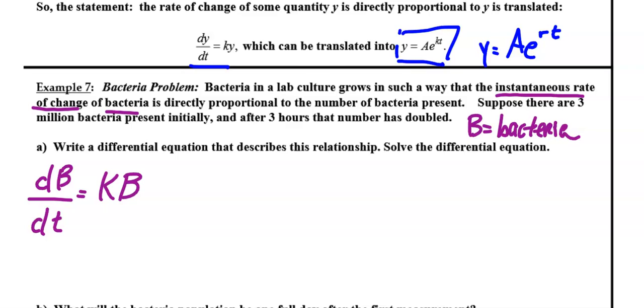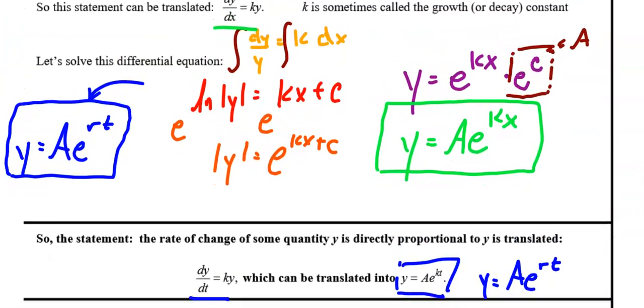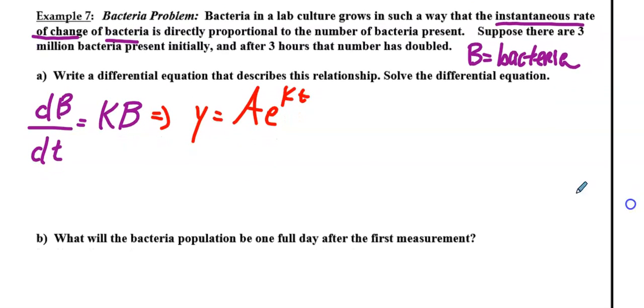So I can immediately jump to the fact that Y is going to be equal to some constant A, e to the K, T. All right. And again, R, K doesn't really matter. Right now, we're just going to say it with the K. So this solution is going to be A, e to the K, T because of what I did at the top. It's right there. So you guys can automatically jump to this.